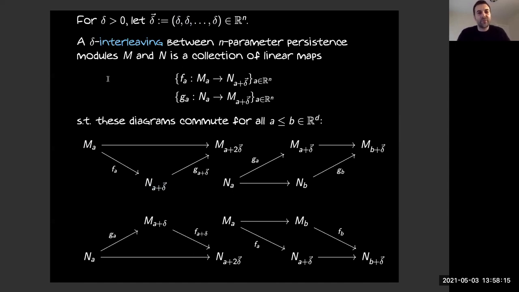But we require that for this collection of maps to be an interleaving, everything in sight has to commute. So you have all the compatibility conditions you want. And really, these assemble into a pair of natural transformations, but I thought it's notationally easier to represent it this way.